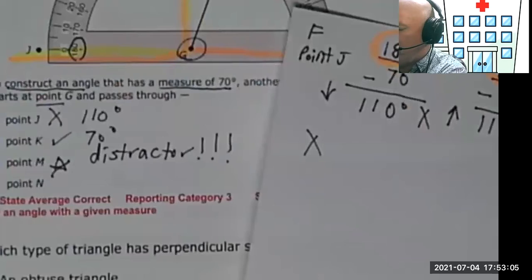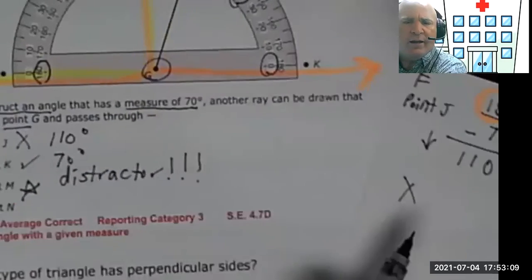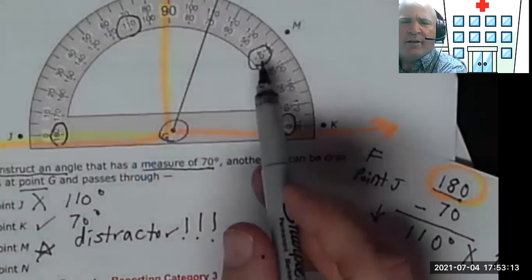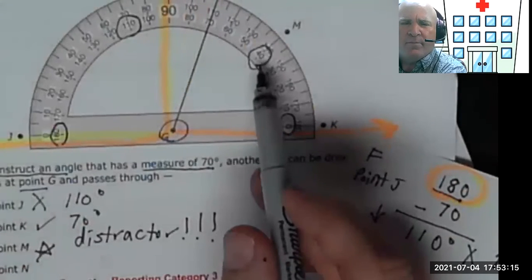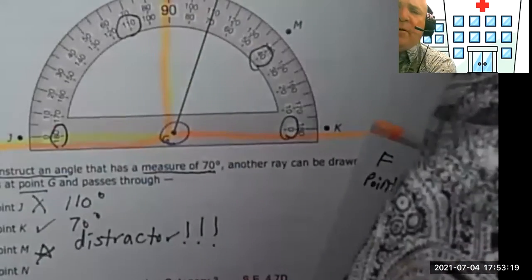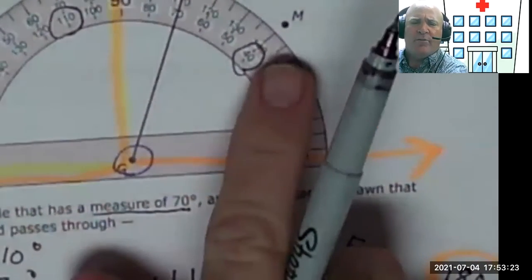And so let's check H point M. When you look at it, H point M, it has a 40 on the bottom, and if I zoom in for you a little bit better, 40 on the bottom and a 140 on the top.